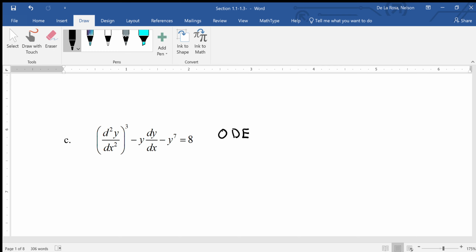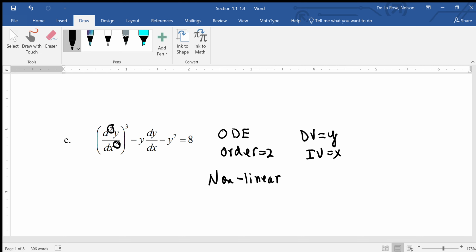Okay, the order is 2 because 2 is the highest derivative. The second derivative, the highest derivative, right? In addition, the dependent variable is y. The independent variable is x. And this equation is nonlinear.